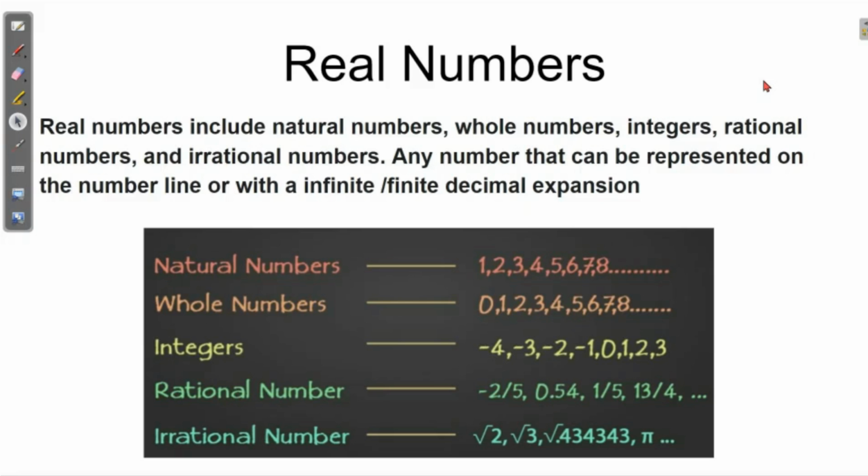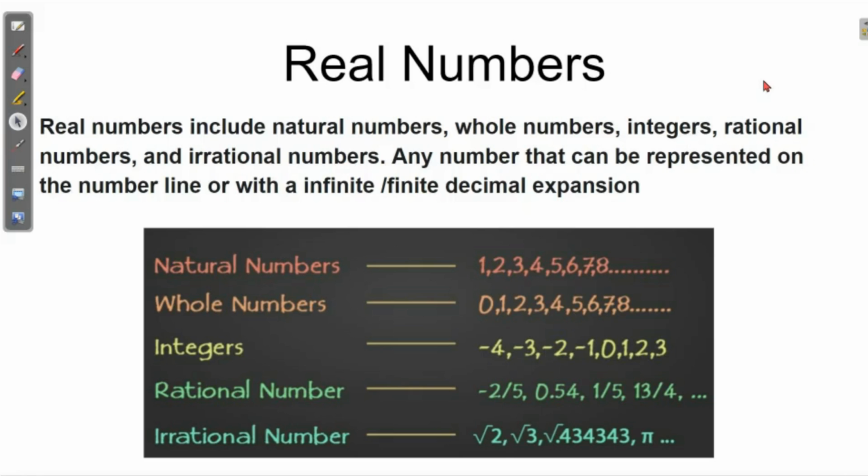So going to the first content. What is a real number? Basically any number, a integer, a whole number, a natural number, rational and irrational number, every number comes under real number. That's nothing but any number that is represented on a number line, or any infinite or finite decimal expansion is called a real number.